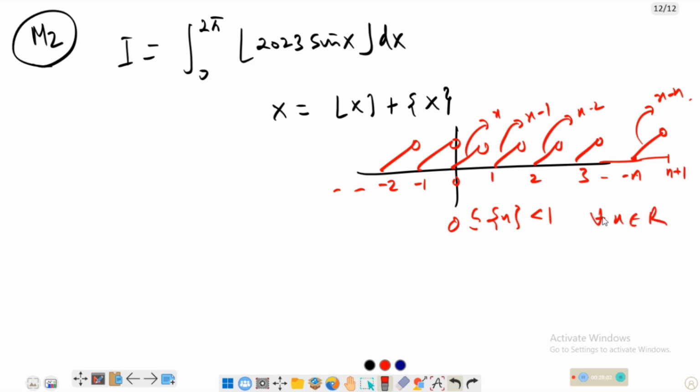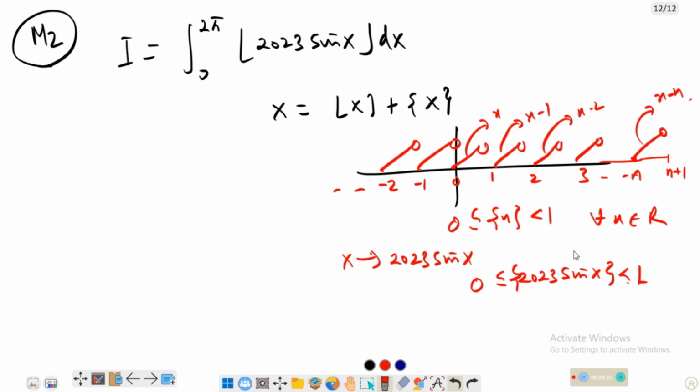So if we replace x by 2023 sin x, the fractional part of 2023 sin x also lies between 0 and 1.